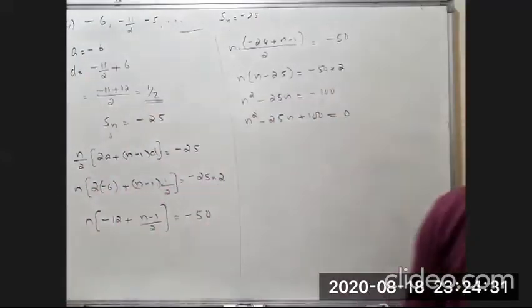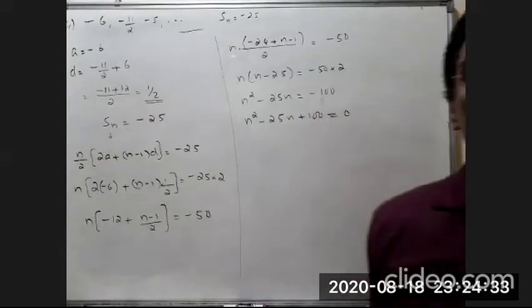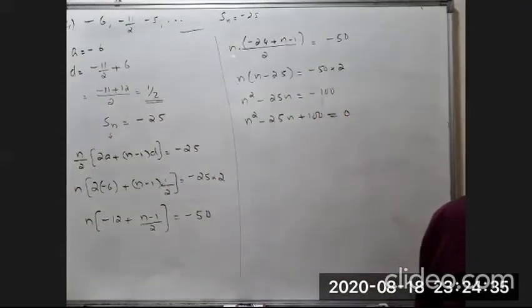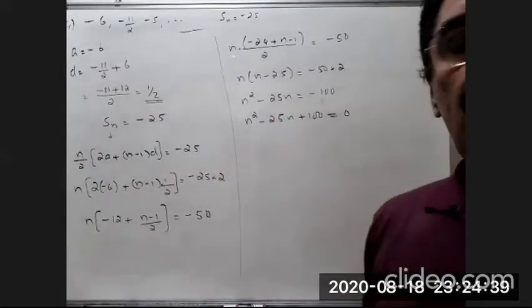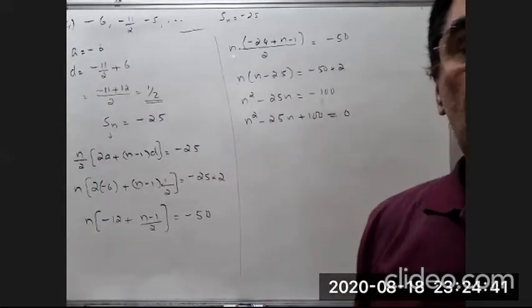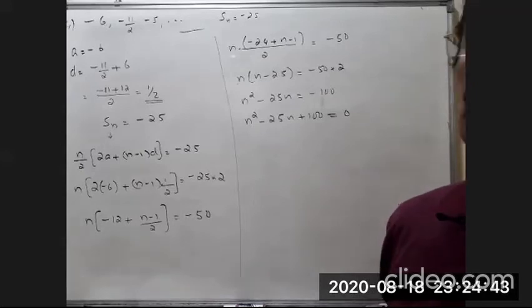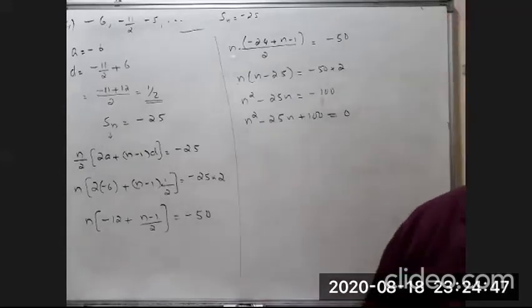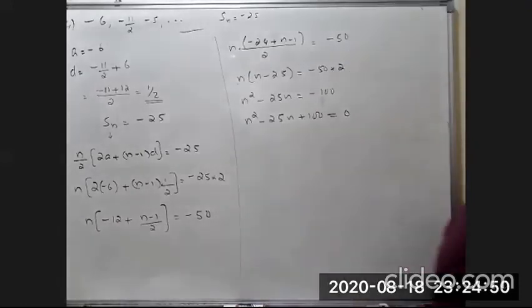Once we get this quadratic equation, you know how to solve it using discriminant or factors. Here factorization is a better choice because we will not get fractions or irrational roots. That means factors are possible.